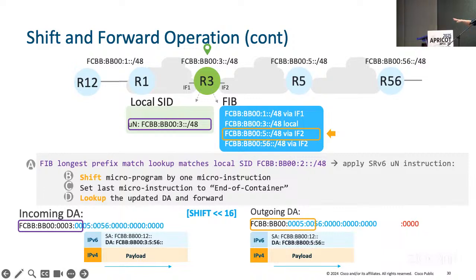So once I do the lookup for router 5, it's going out, for example, interface 2, and then it's ready for me to forward the traffic out of that outgoing interface 2. And that finishes the forwarding. Does that make sense?